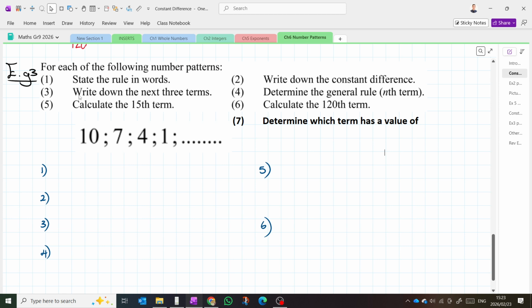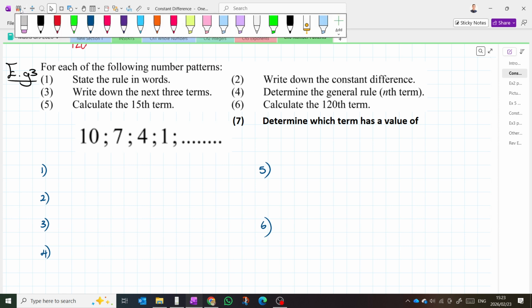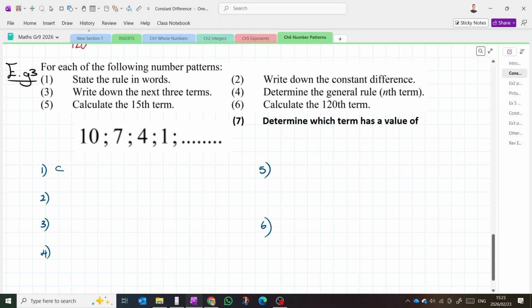You're just going to tell us which number you start with and what you do to get to the next term. So let's see. I'm going to just say, starting with 10, and what are we doing to get to the next term? 10 to 7, we are subtracting 3.